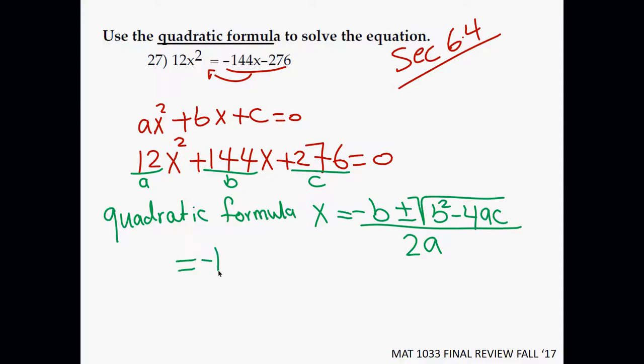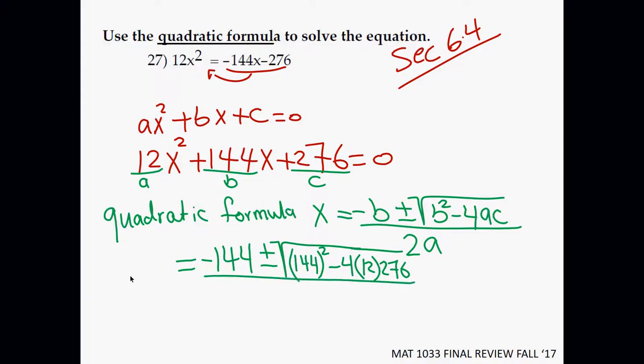We get negative 144 plus or minus the square root of b squared, which will be 144 squared, minus 4, and my a is 12, and my c is 276, over 2a, which is 2 times 12.